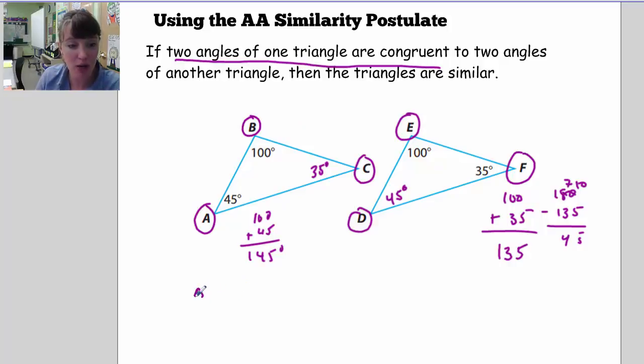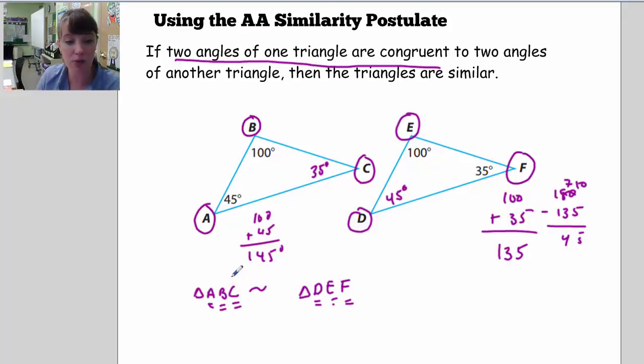If I say triangle ABC is similar to triangle, notice that I have to name D first, triangle DEF. You have to make sure that the angle you name first is always the one that corresponds to the first angle of the other triangle, the angle you name second corresponds to the second one, and likewise for the third one.